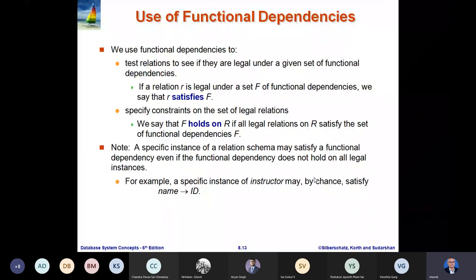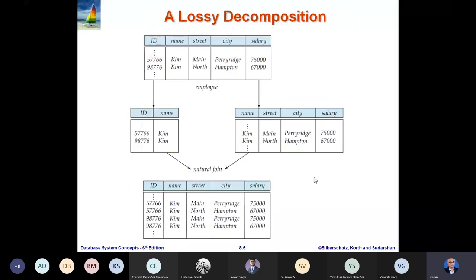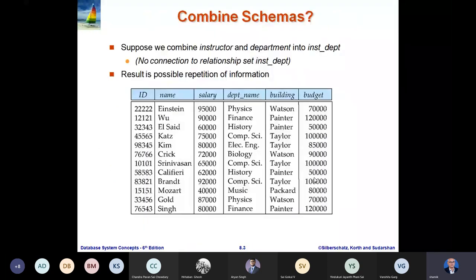So for example, if we consider this case, we know that ID functionally determines name, but because these names are all unique, it might appear that name also functionally determines ID. So remember that we start with the FD.